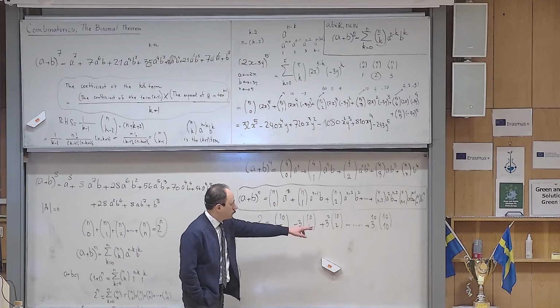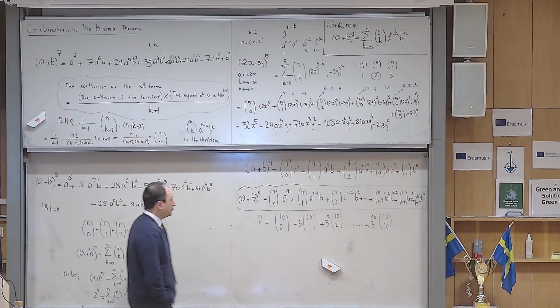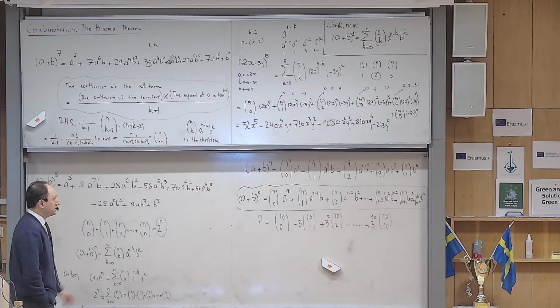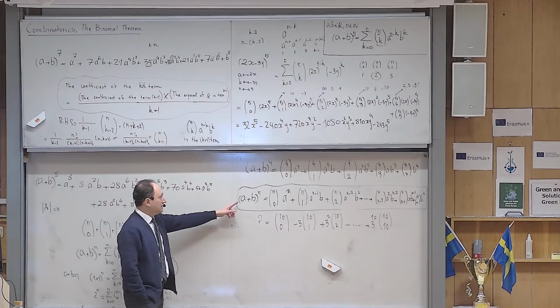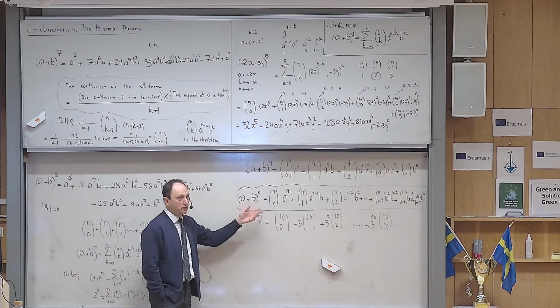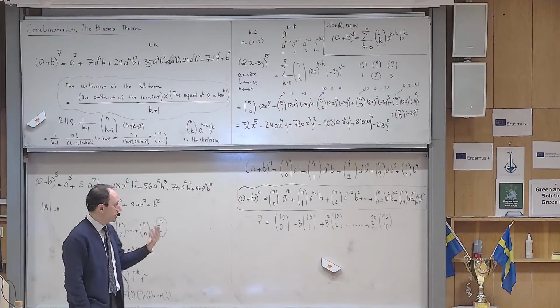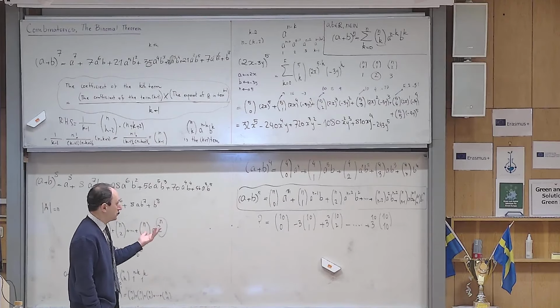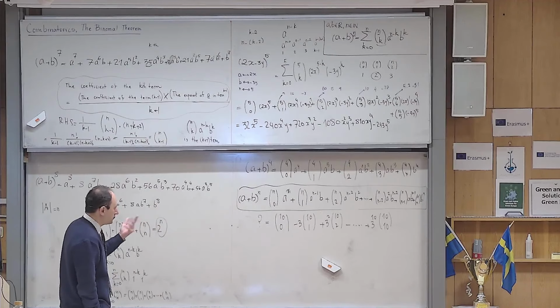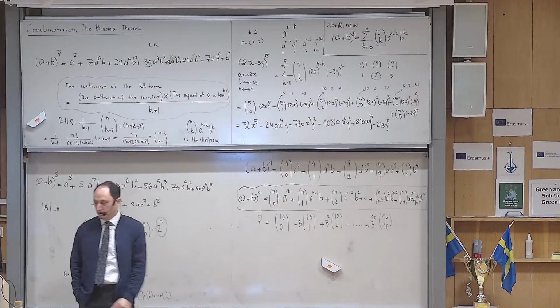If I ask you to solve this, of course, one way is to calculate all of them, but one way which is more efficient is to have this theorem in mind and then try to choose appropriate values for A and B and n so that the right side matches this one and the left side will give you the answer. I'm not saying that all these types of questions can be solved using the binomial theorem. The binomial theorem is one possible trick if the question is designed based on it.